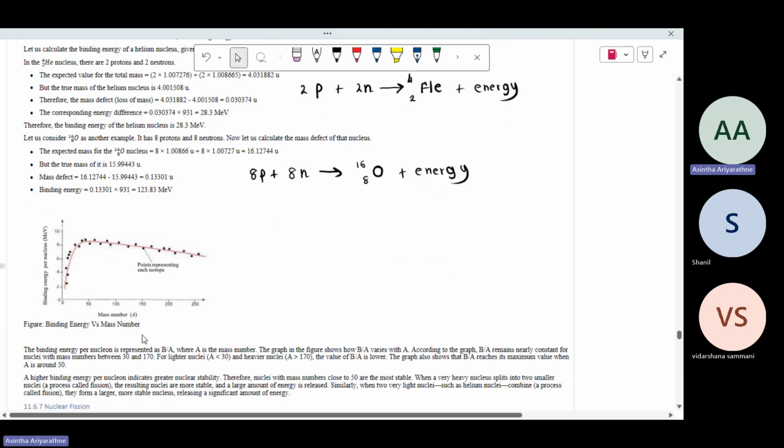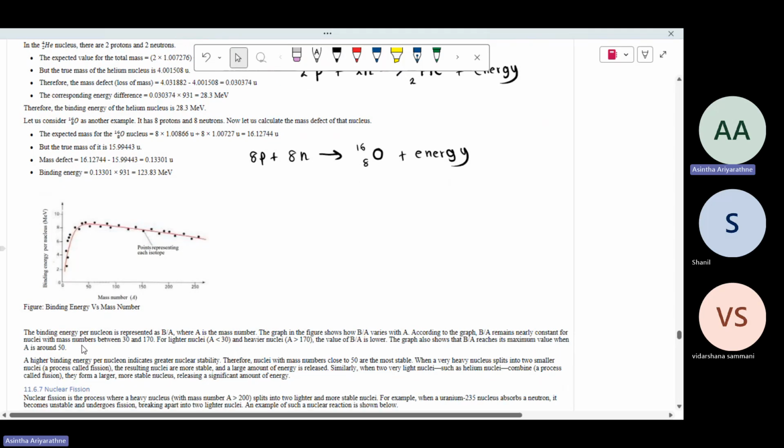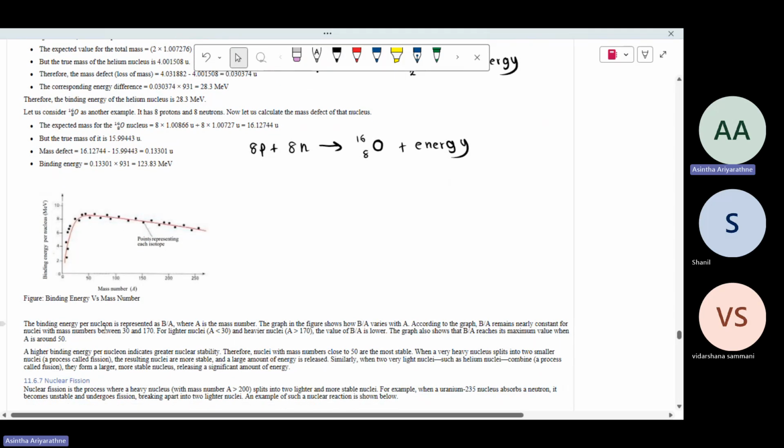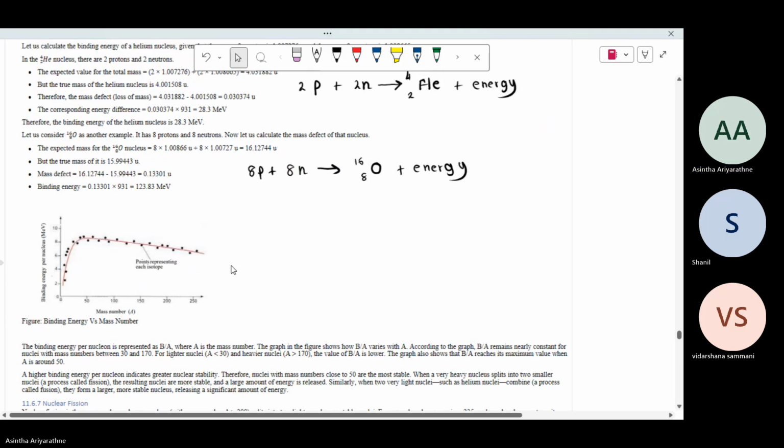This shows a graph between the binding energy and mass number. Here the binding energy per nucleon is represented as B/A.